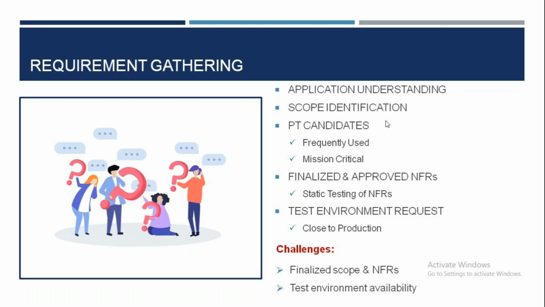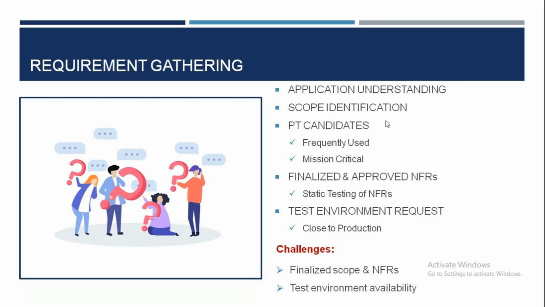That is a challenge which you have to overcome in the project, guys. You have to follow up, you have to ask for it. In most performance testing projects, the finalized scope and the NFRs are not available. But as performance testing engineers, you have to follow up and get it.